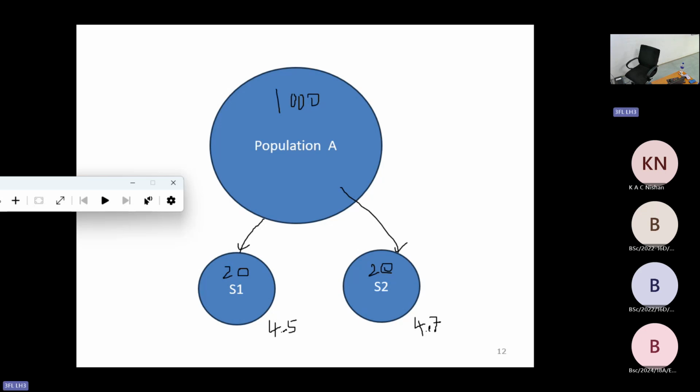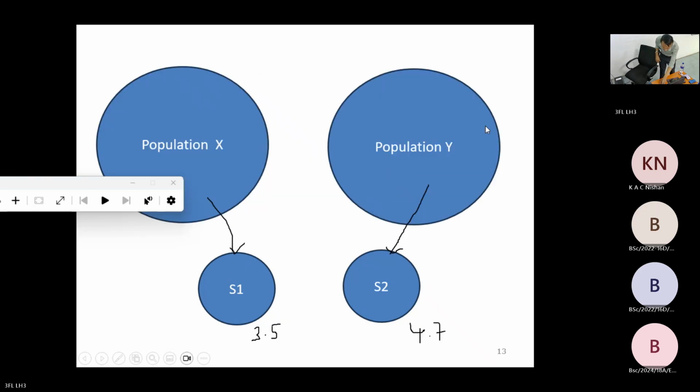Now let's say there are two populations, X and Y. Two different populations, completely different. Again, you take two samples, S1 and S2.